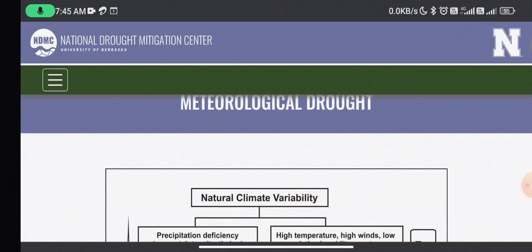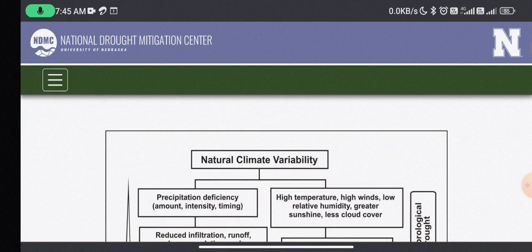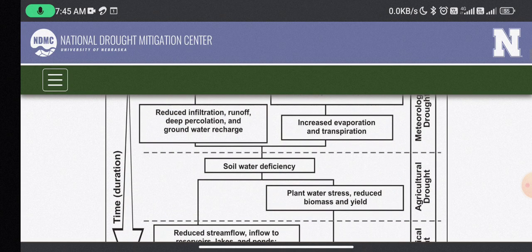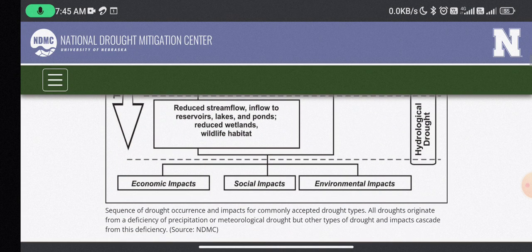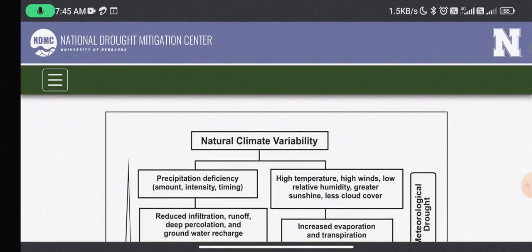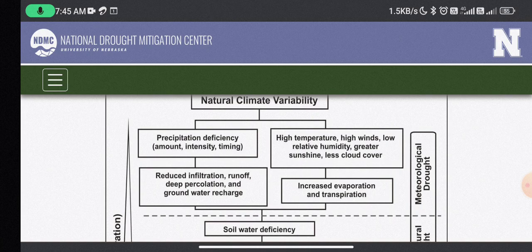Let's read about the meteorological drought. So natural climate variability. Okay, and this is a flow chart given here. Let's see it carefully. Natural climate variability, precipitation deficiency: amount, intensity, timing. There should be a precipitation deficiency, or there would be high temperature, high winds, low relative humidity, greater sunshine, less cloud cover.